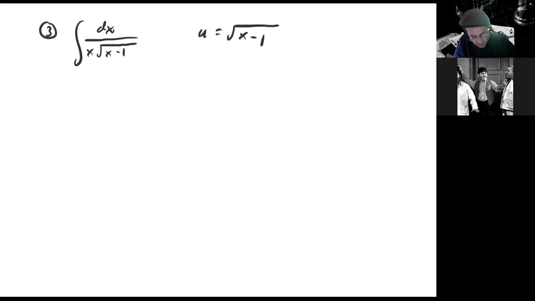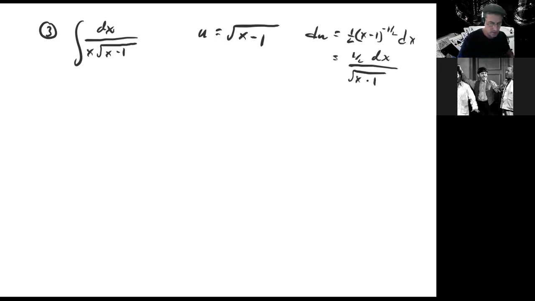So then what's du? du is equal to 1/2 (x minus 1) to the minus 1/2 dx, which is the same as 1/2 dx over the square root of x minus 1. Okay. So therefore, if I multiply both sides by 2, 2 du is equal to dx over the square root of x minus 1.